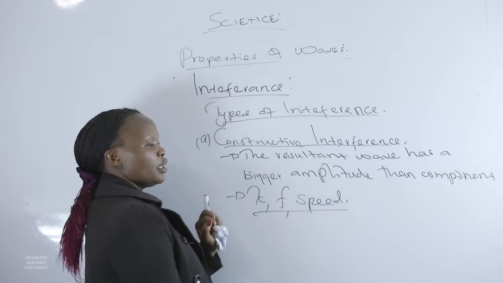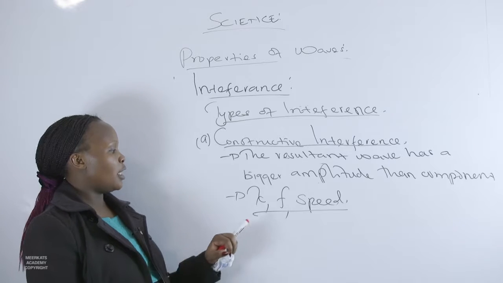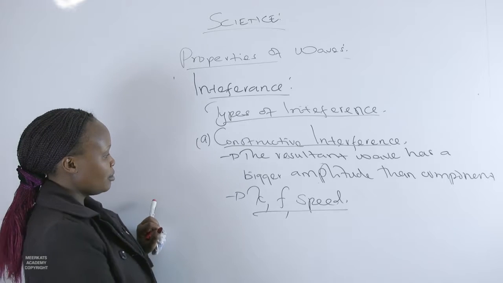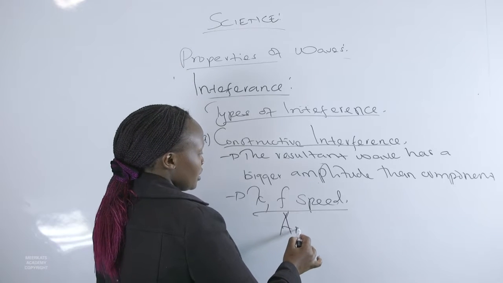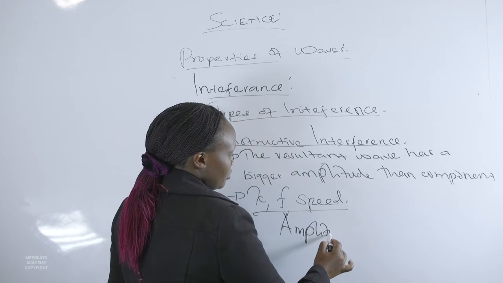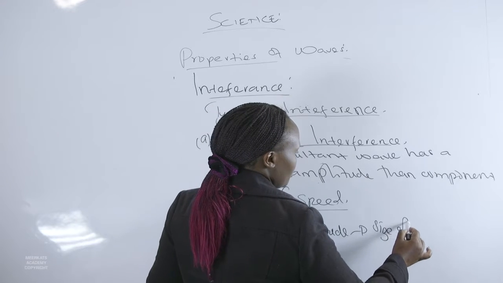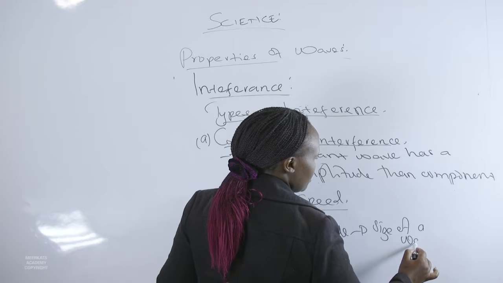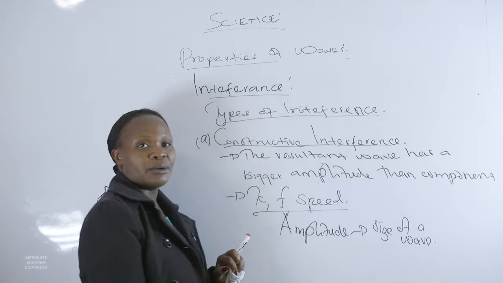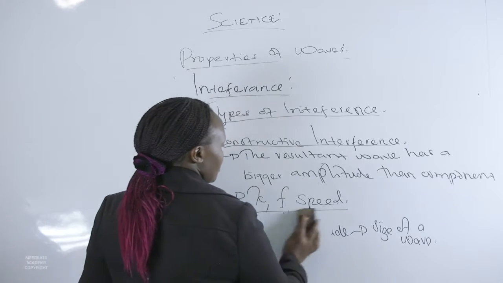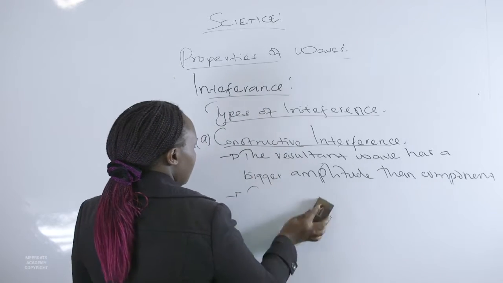Those are going to be informed by other factors, but of our interest here is the amplitude, which gives us the size of a wave. Now, that is constructive interference.